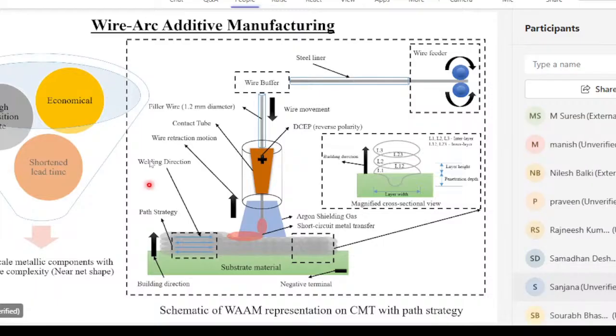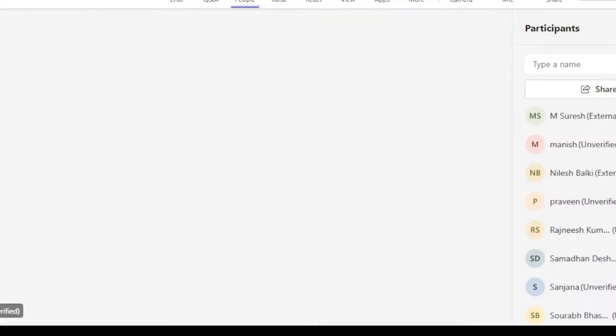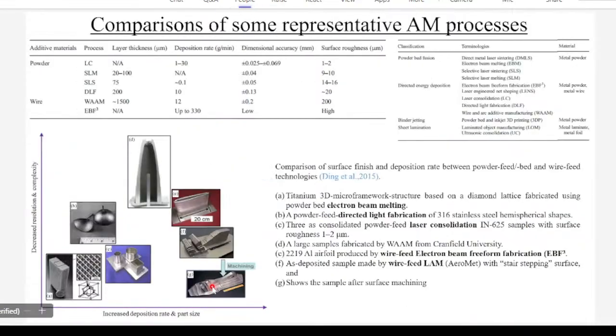As compared to other processes, these three advantages are having higher demands. So we have to make a component with less time and higher deposition rate, and we can fabricate a near net shape product. That is, almost we can fabricate a final component, and we can machine the outer surface, and we can sell the component.